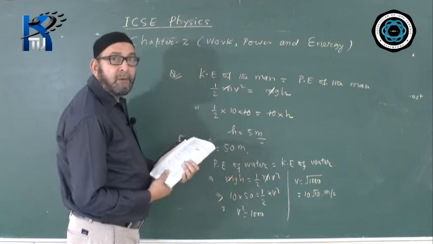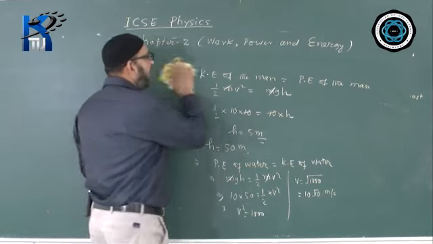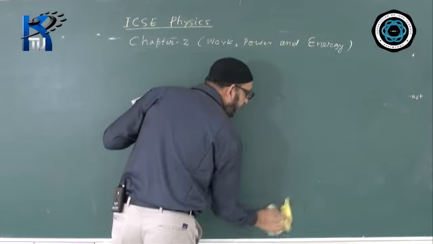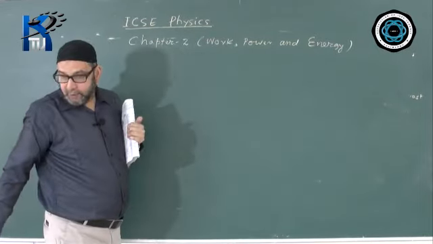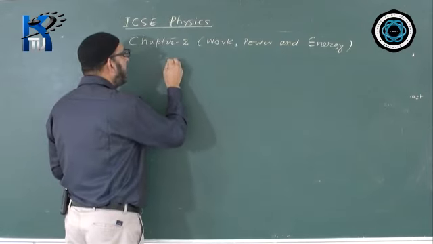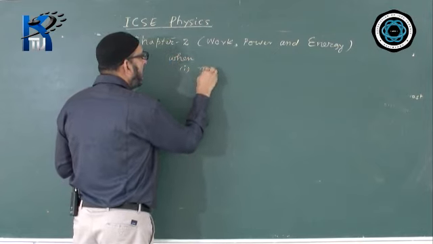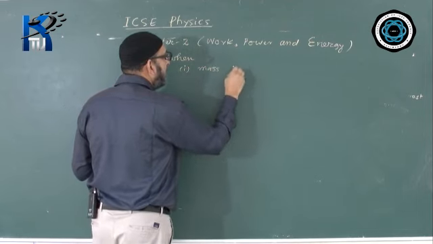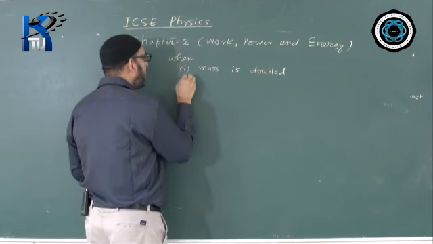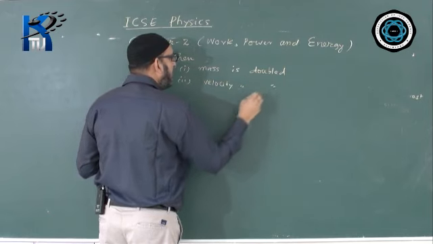Now the last type of problem we will discuss in this chapter is over here. The question says: what happens to the kinetic energy of a body when certain cases are given? Number one, mass is doubled. Second case, velocity is doubled.